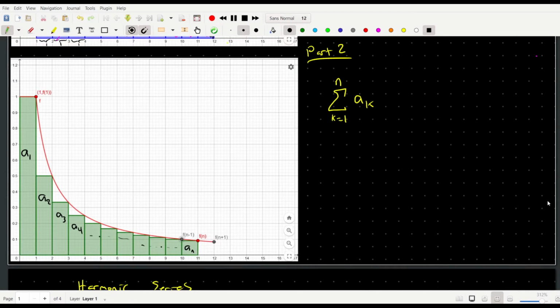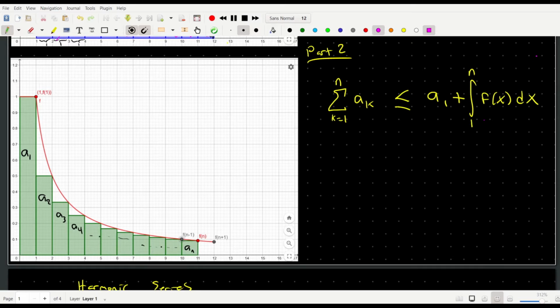So the sum of all these areas is going to be less than or equal to the improper integral of this function from 1 to n plus the area under this first rectangle A1, right?